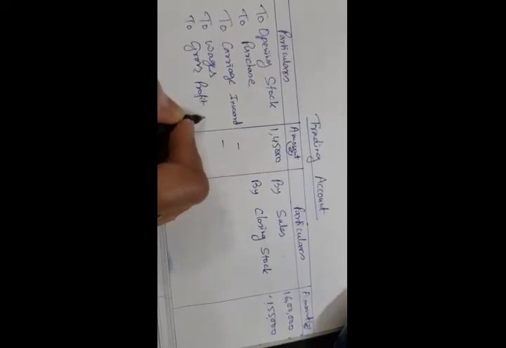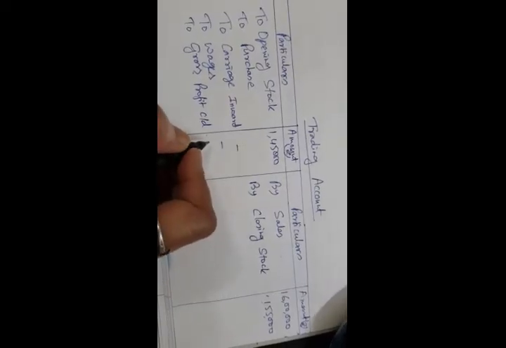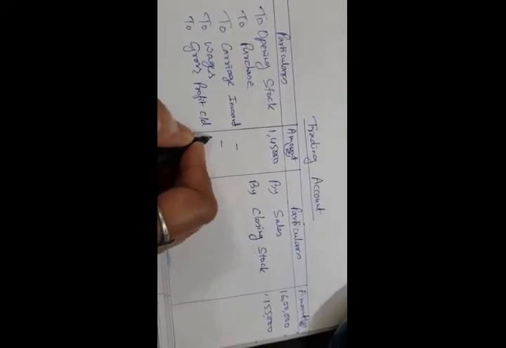Another figure is known to us, that is the gross profit. So let us put the gross profit figure as well. Gross profit c/d, how much is it? It is 4 lakh.